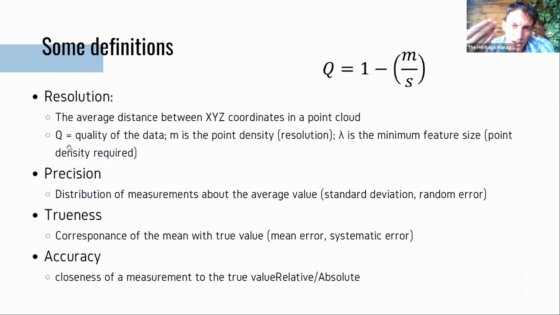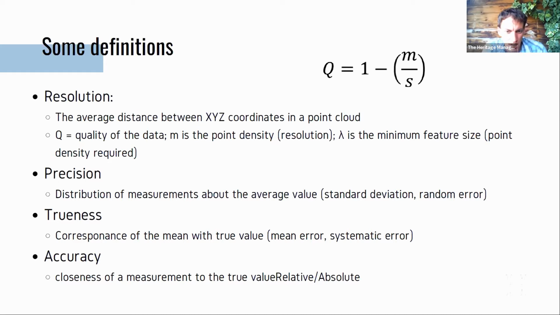Here I refer again to this indicative table that I gave, and the equation that you have here. A quality measure is an index value that you can use as a function of the point density on one hand and the object size on the other hand.